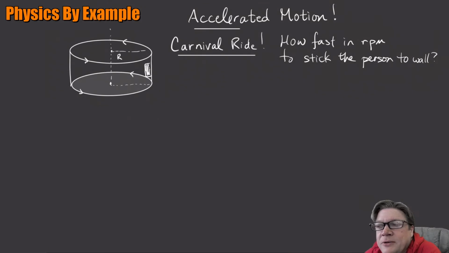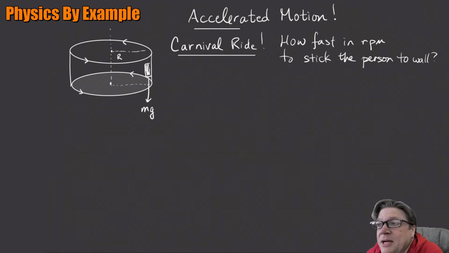Usually the first thing to do is to draw the forces. This is really similar to a problem we did a couple of units ago, like pushing a brick against a wall. This thing has downward mg, gravity trying to pull it down.